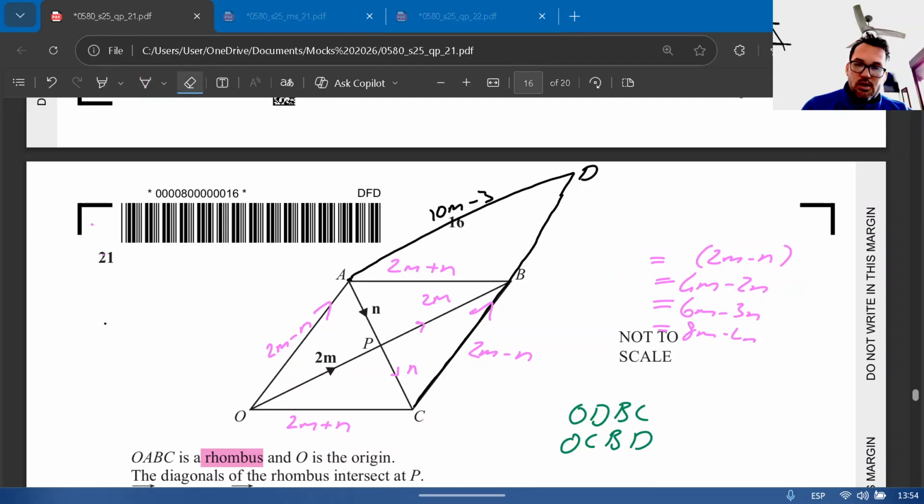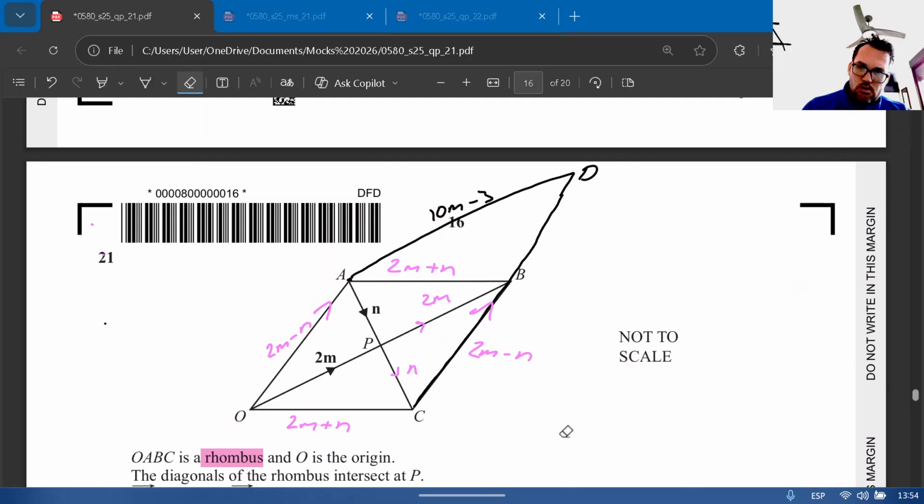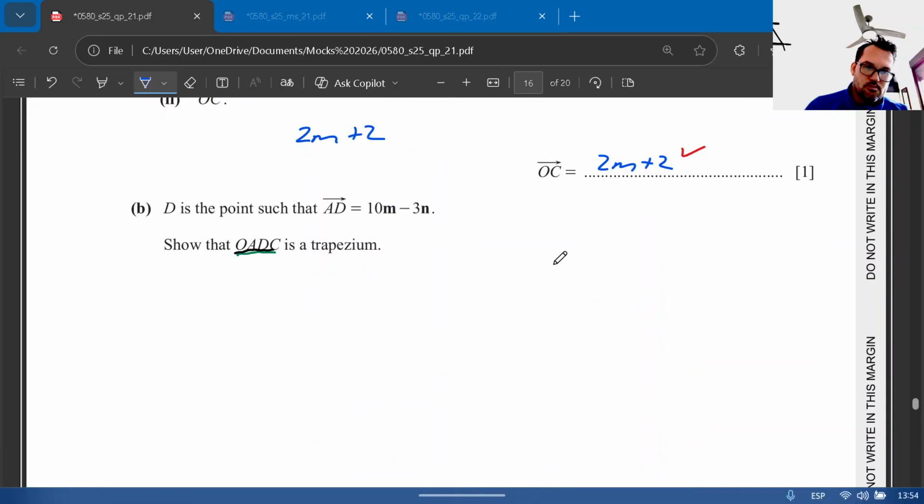Okay, so what this means is, we want to find this vector. We want to find CD. I want to find out what is CD, vector CD.